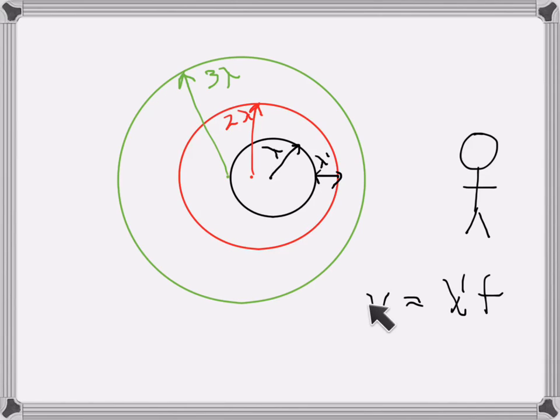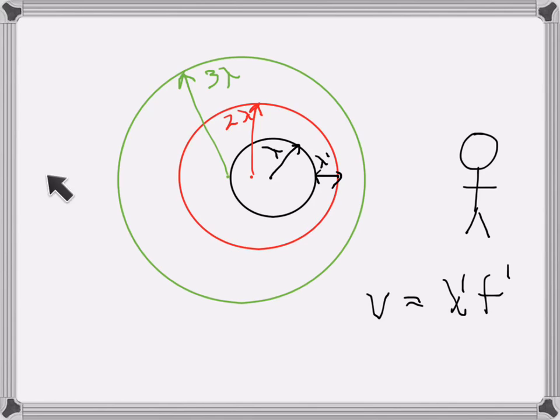But if the velocity has stayed the same, that means that if lambda has decreased, then f must increase by some amount so that v stays the same. So we're going to call this f prime. And that's the apparent frequency of the wave, and that's why you experience that change in frequency or pitch as the object or the source, the car or whatever it is, moves towards you.